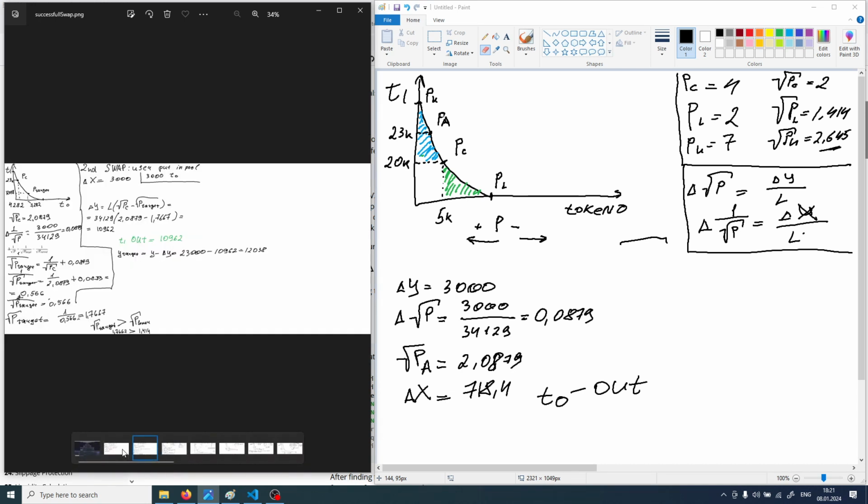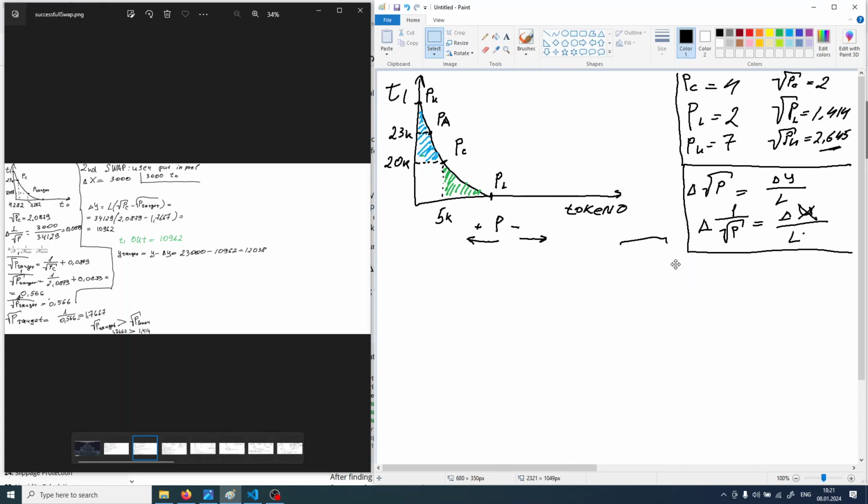Let's move further and implement the second swap. I will try to do it more quickly, but I think the main info is understandable.